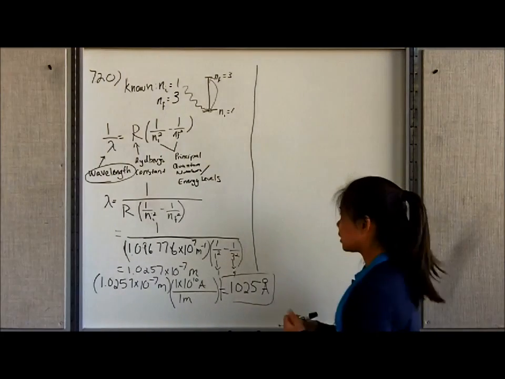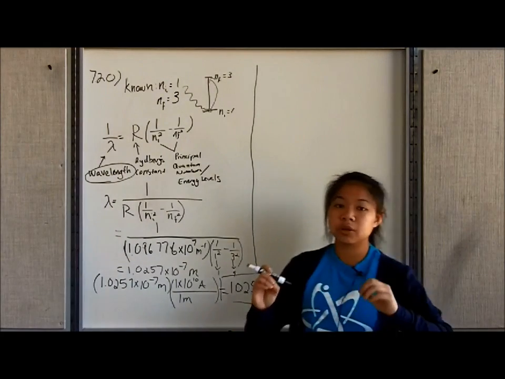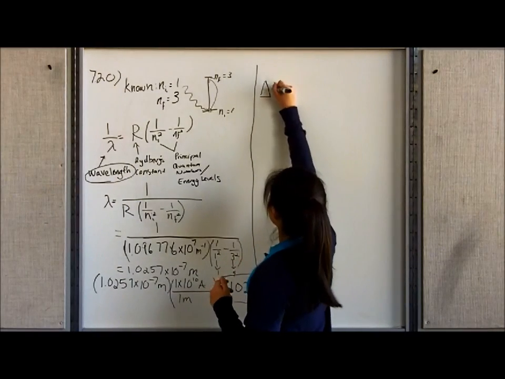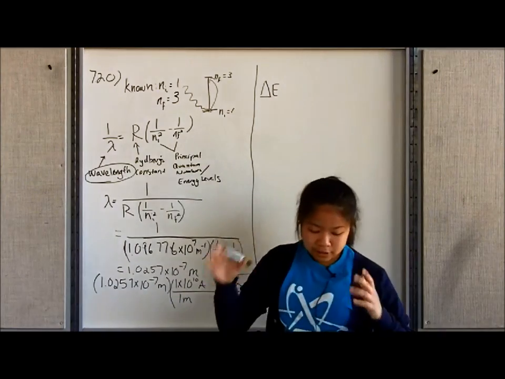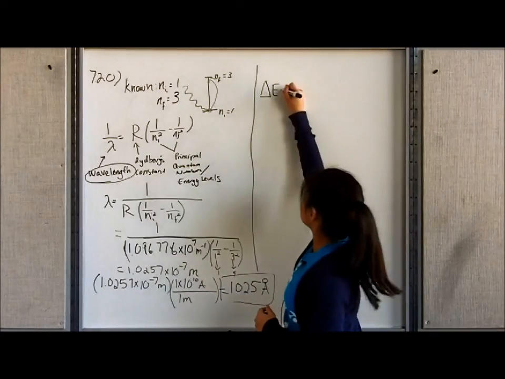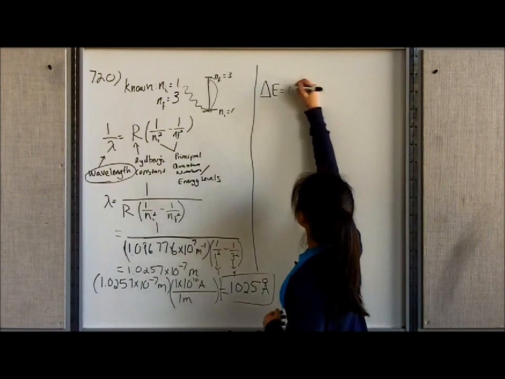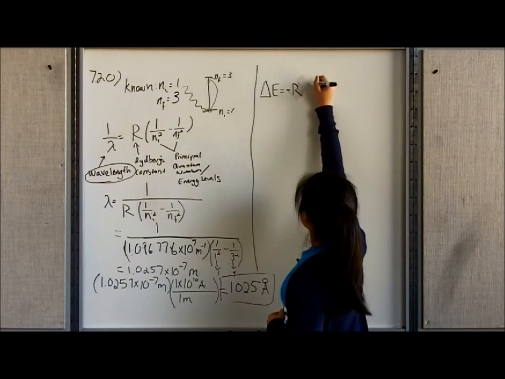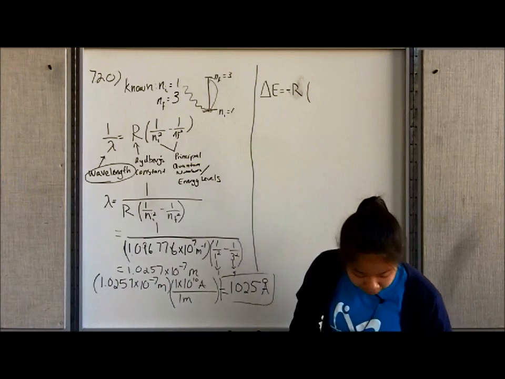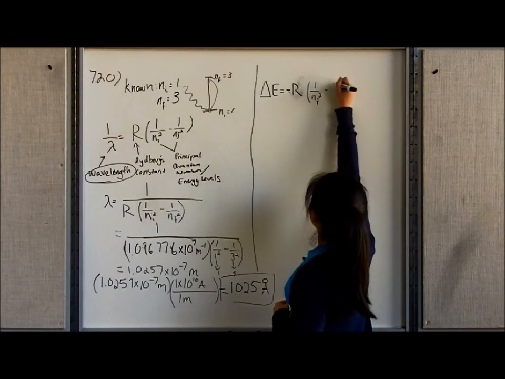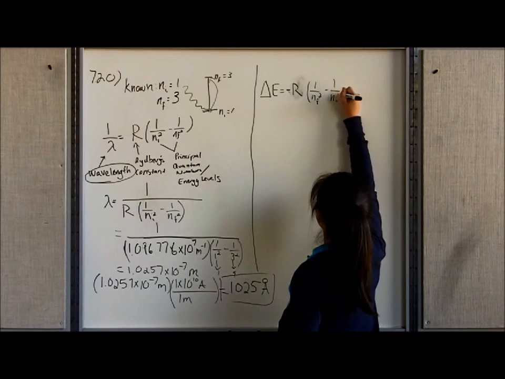We're going to write down Rydberg's equation again, but this time for energy. Rydberg's equation for energy is delta E, your energy difference, equals negative R, multiplied by 1 over NF squared minus 1 over NI squared.